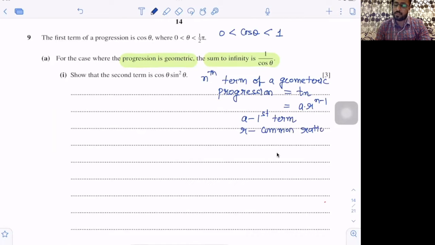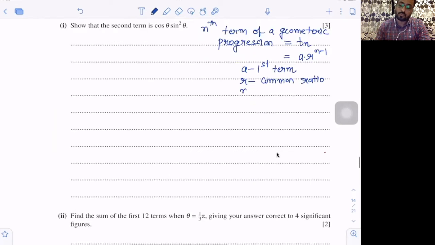The second term divided by the first term, or the third term divided by the second term, or the seventh term divided by the sixth term, that is your common ratio. So to get the nth term, the formula is a r raised to n minus 1. So if you want to find the second term, the value of n will become 2. So n is the position of the term.